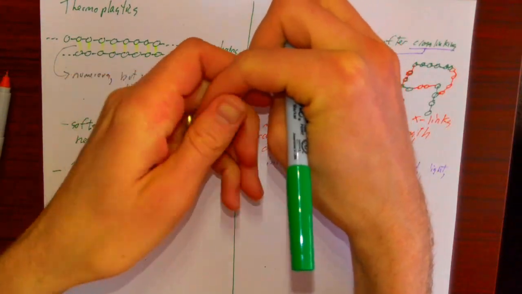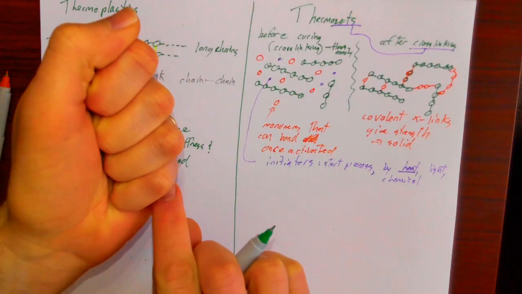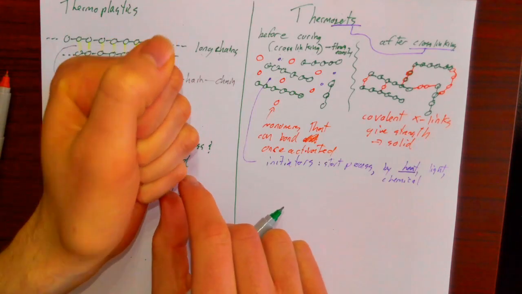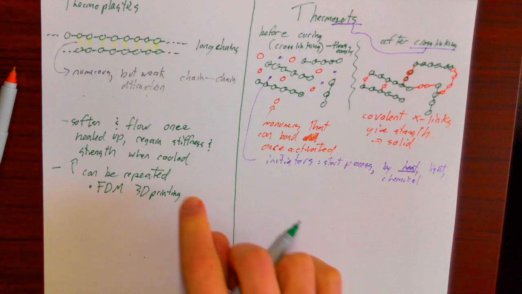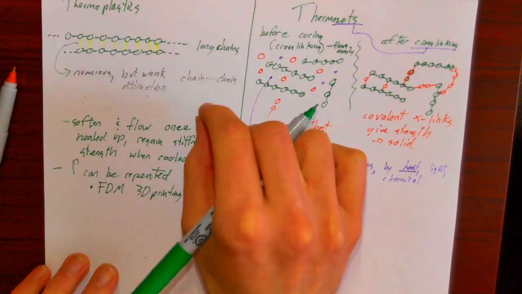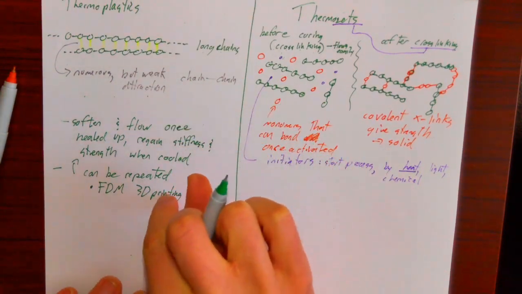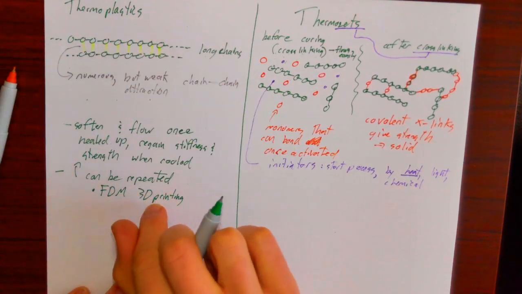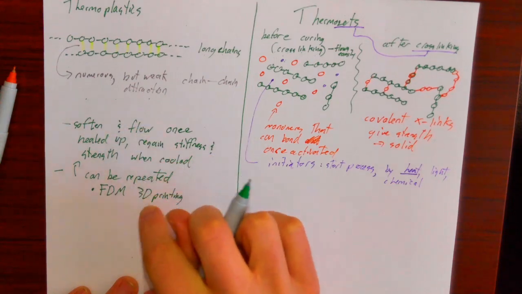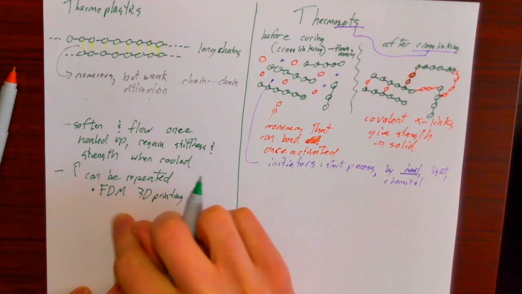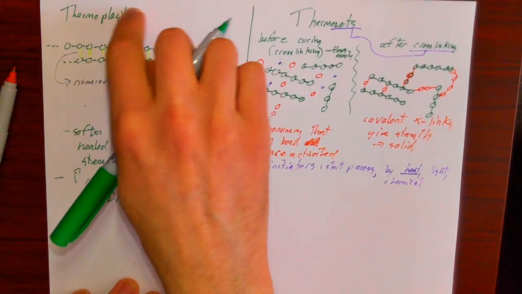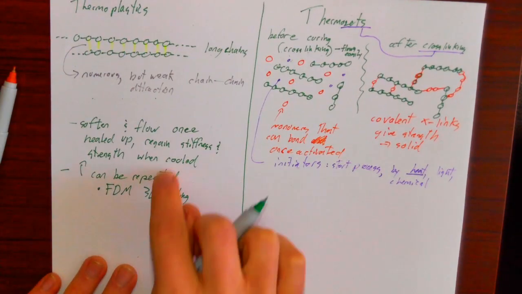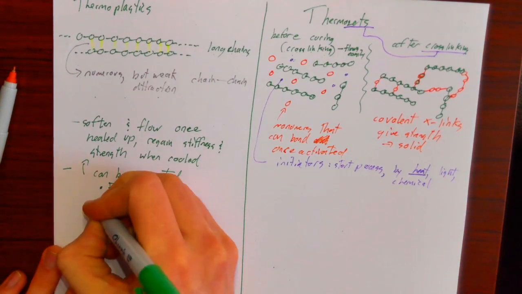That spool then goes through a heated printer head, comes out very soft and kind of liquidy, and then once the printer head extrudes out that little bead of material, that thermoplastic then cools down and solidifies next to its neighbors. So, this process of softening and repeating, 3D printed plastics are, for FDM anyway, made this way. So FDM 3D printing is basically a way to do this.